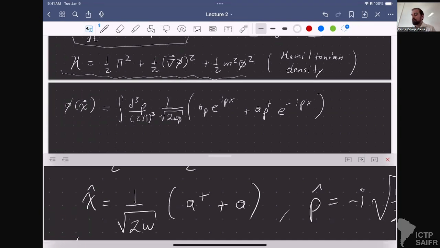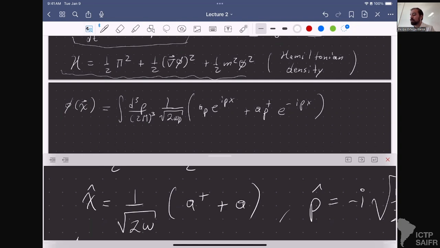So it's the same decomposition modulo the Fourier transformation, because now we have an infinite number of degrees of freedom. We don't have a single position x, but we have an infinite number of labels in our field.